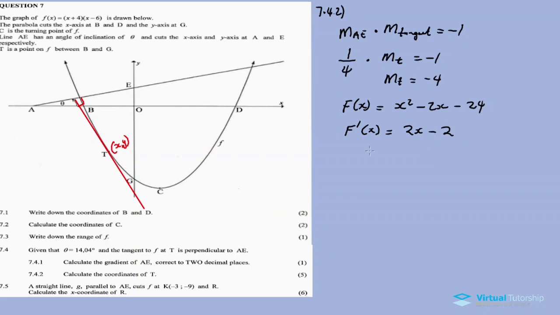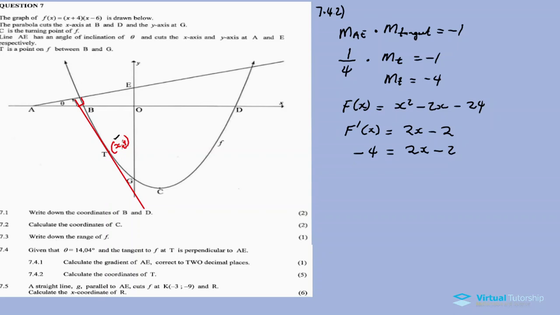So again, -4 equals 2x minus 2. By solving for x in this equation, we get the x coordinate of the turning point, since this is the gradient of the tangent at this point.